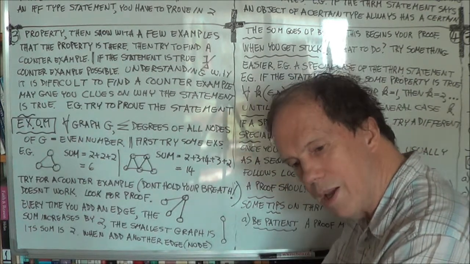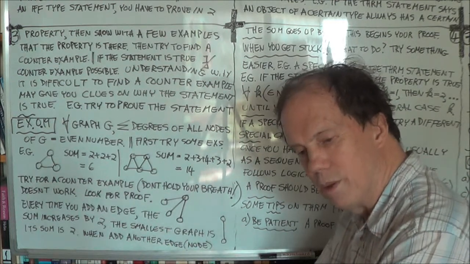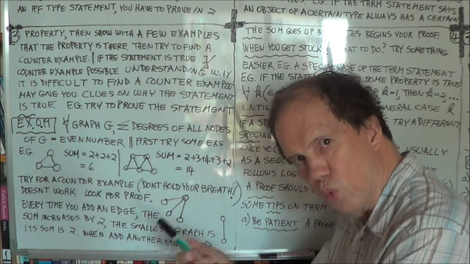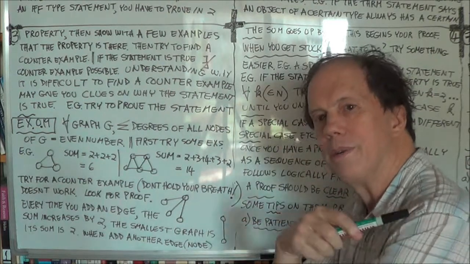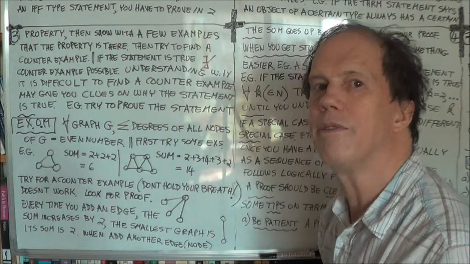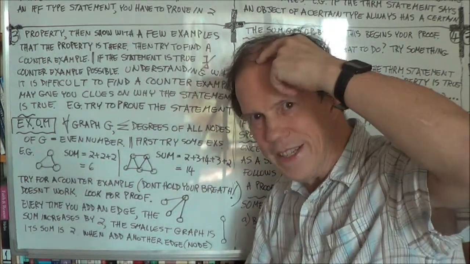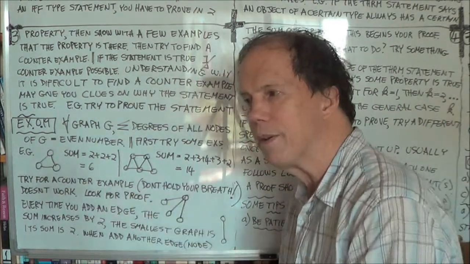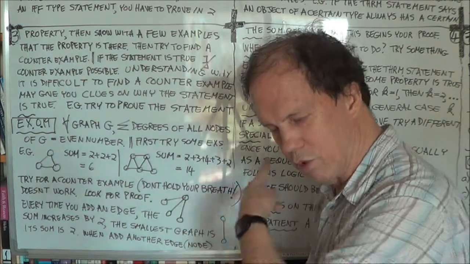So each time you add an edge, your total count of degrees goes up by 2. Right? Now you start with 2, you're adding 2 to it, so you'll always get an even number. That's the beginning then of your proof, and then you have to write it up. So that's the main idea of your proof, and then you have to write it up clearly, and we'll talk a bit about that.